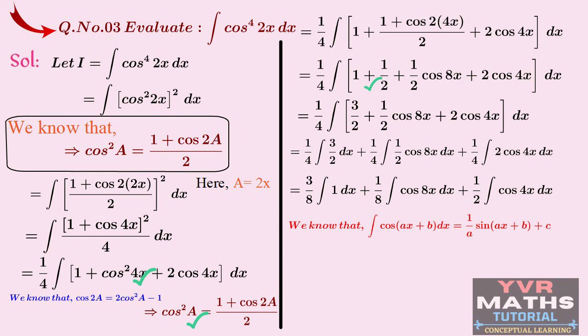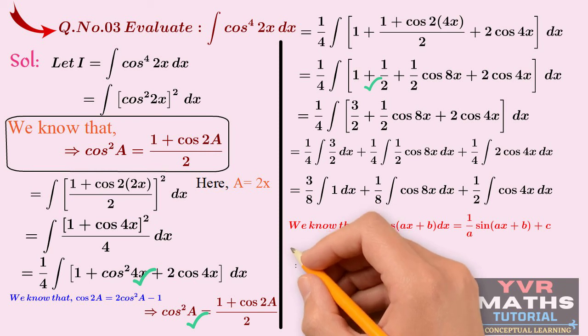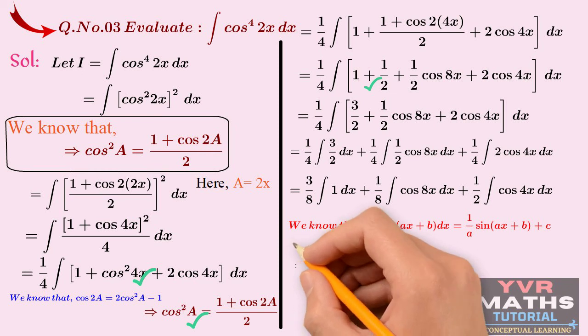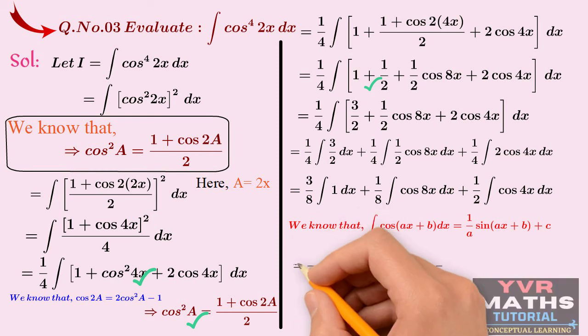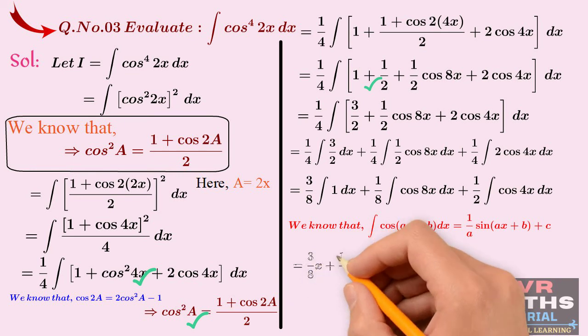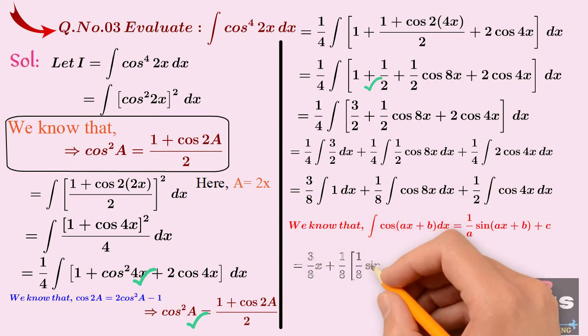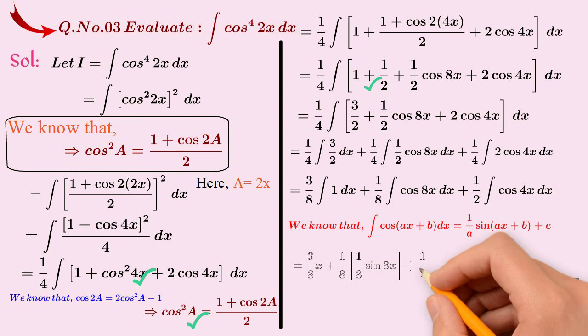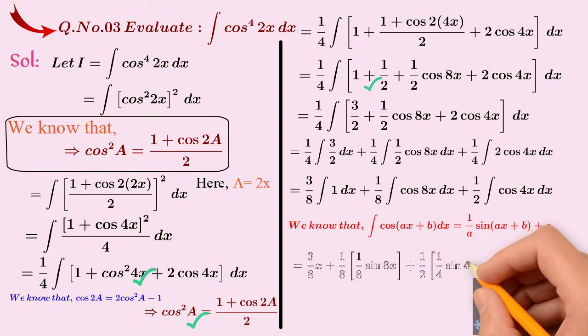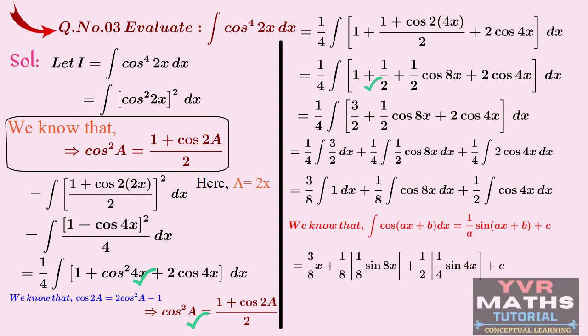If we apply this formula, then in the next step: 3 by 8 into x plus 1 by 8 into 1 by 8 sin 8x plus 1 by 2 into 1 by 4 sin 4x plus c. I just applied the integral cos of ax plus b dx formula for the second term and third term. Then we got this step.